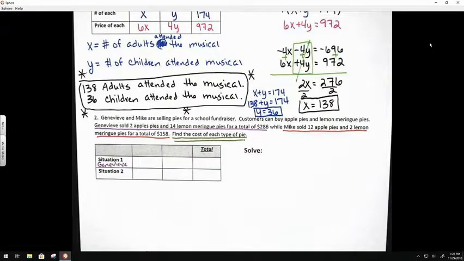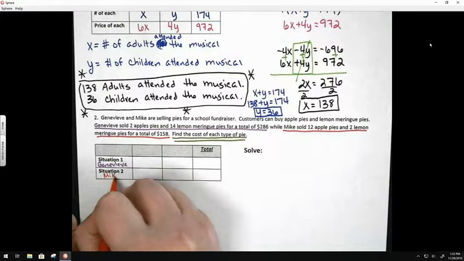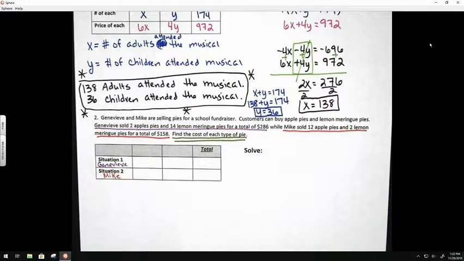And situation 2 would be Mike. So we need to write an equation that tells us information about Genevieve's situation. And then we need to write an equation that tells us information about Mike's situation. And those are going to be our 2 equations that we're going to use.